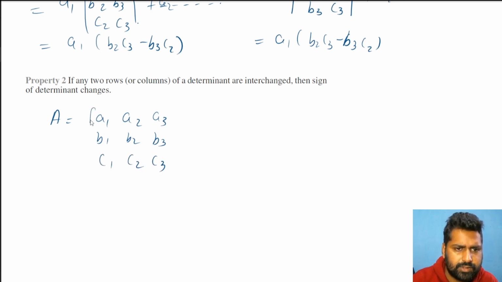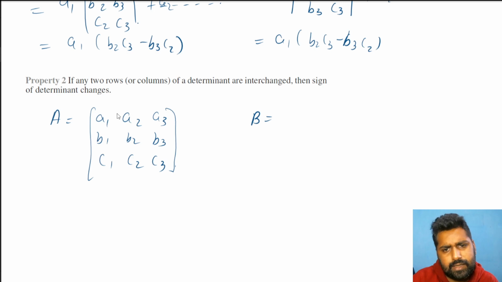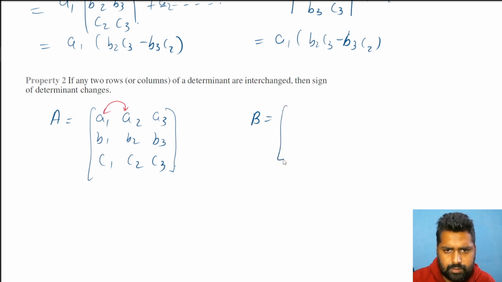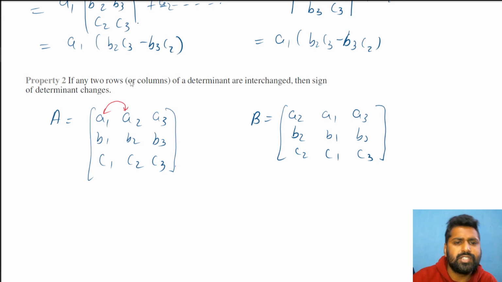Suppose you have a B matrix and you interchange any row or column. Let's interchange two columns. Now you'll have A2, B2, C2 first, then A1, B1, C1, then A3, B3, C3. I've changed only one pair of columns, so two columns are being changed here.